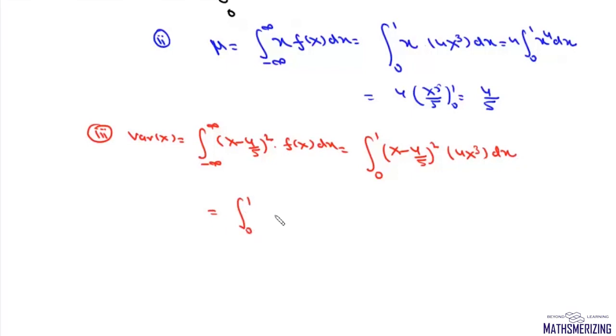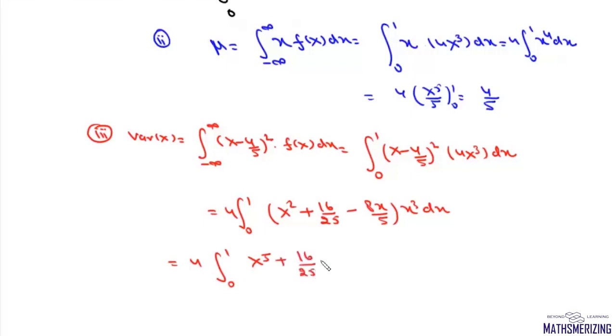So it will be the integral from 0 to 1 of x squared plus 16 by 25 minus 8x by 5, and we take the 4 common, times x cubed dx. We can write this as 4 times the integral from 0 to 1 of x to the power 5 plus 16 upon 25 x cubed minus 8 by 5 x to the power 4 dx.